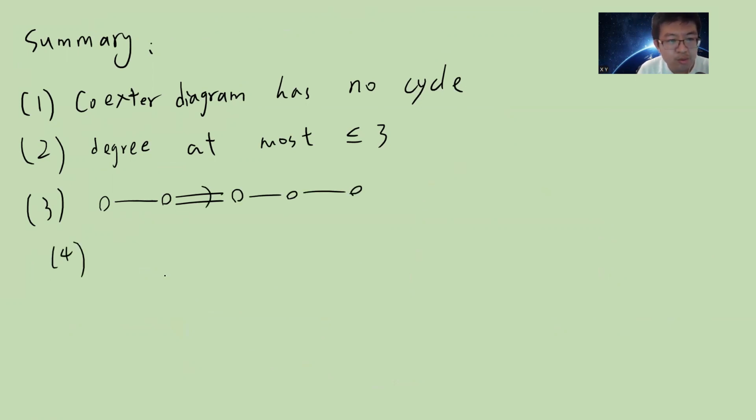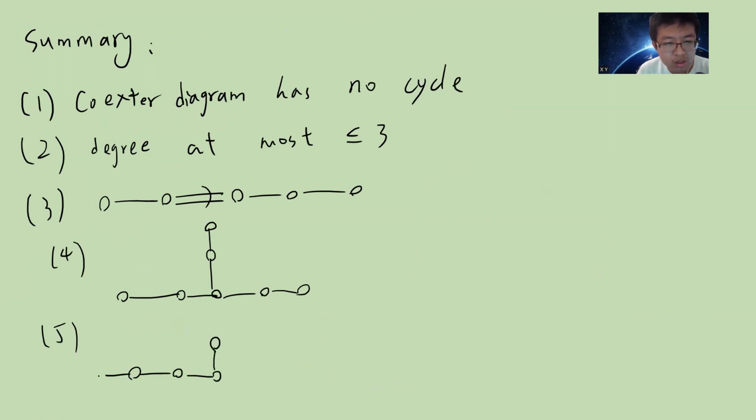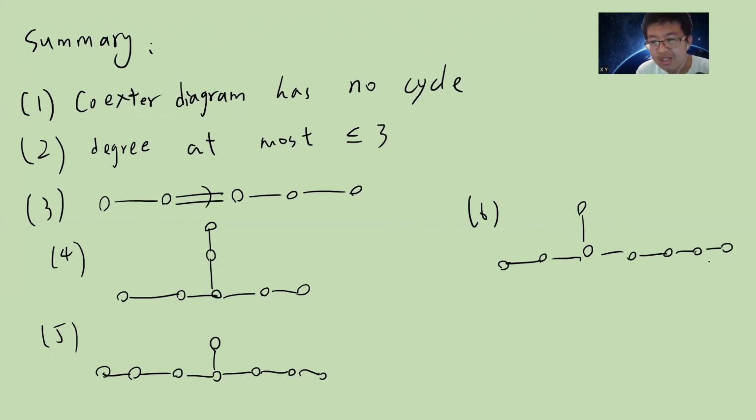And the fourth rule is that these are impossible, and also these impossible. And the sixth one is this. So this is what we just showed. These are impossible, impossible, impossible, impossible.